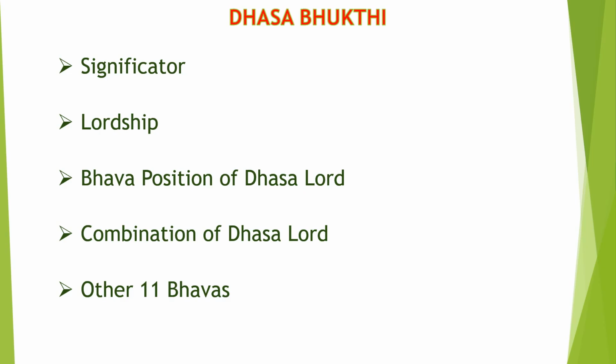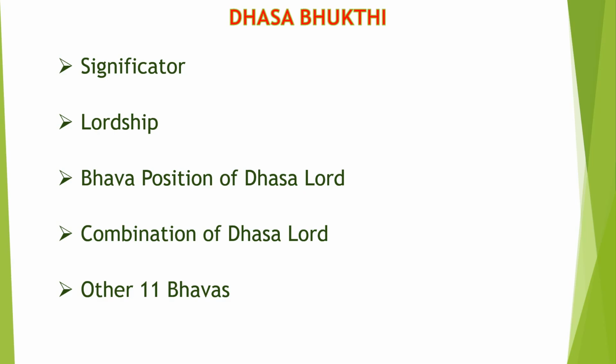Here, since the planet in combination with Jupiter is Venus, he will enjoy the benefits of the ninth bhava, that is, he will get wealth from the ancestors and father.